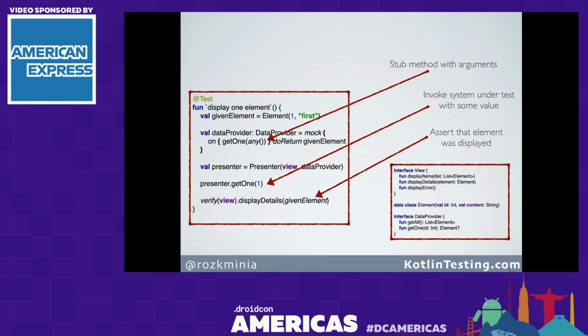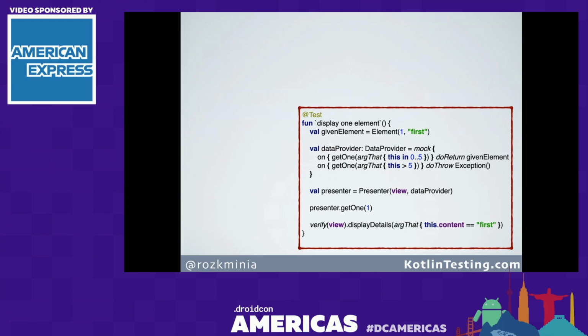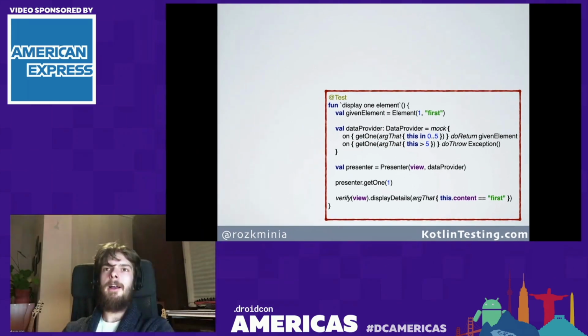And of course, we can introduce a more complex matcher if we need to. Let's suppose that we want to return the same element for function invocations where ID is between 0 and 5. And we can use the Mockito matcher argThat for that case.